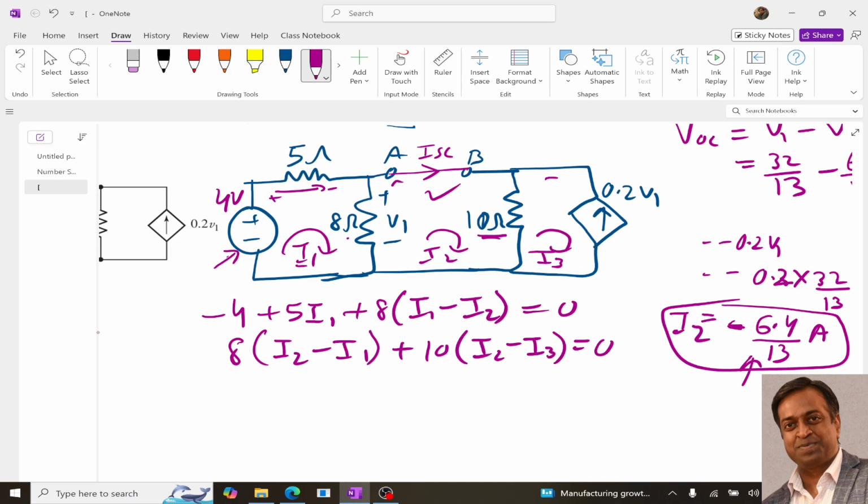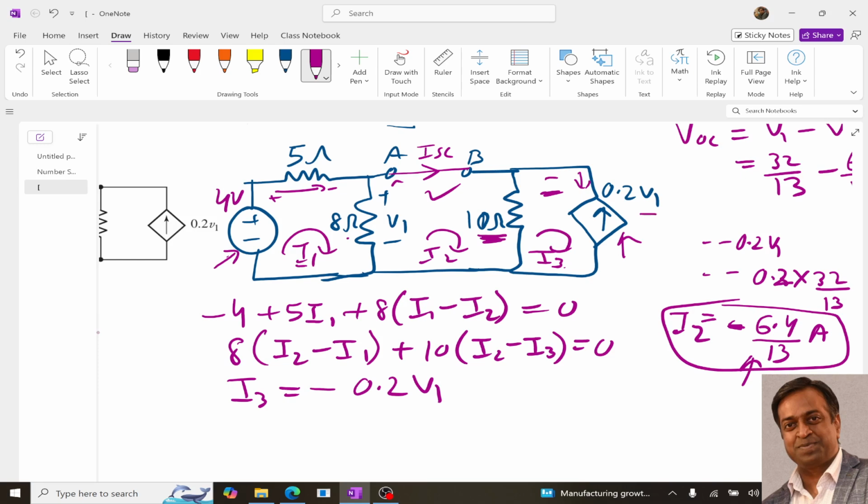And then coming to the third loop, for this 10, it is 10. Since in this loop we have a current source, our I3 value will be minus 0.2 V1. It is minus because the direction of I3 and this dependent current source are in opposite direction.